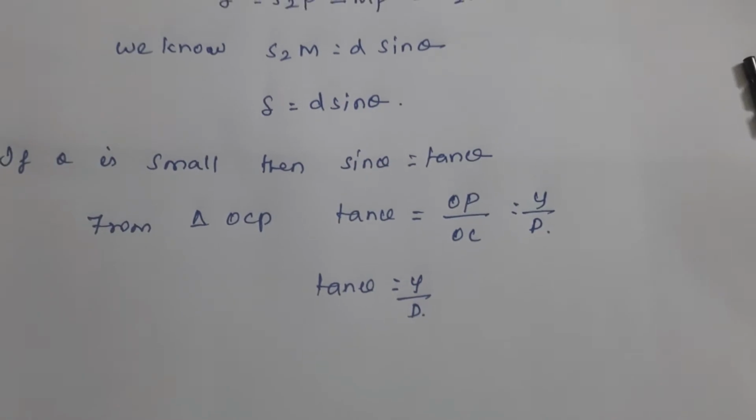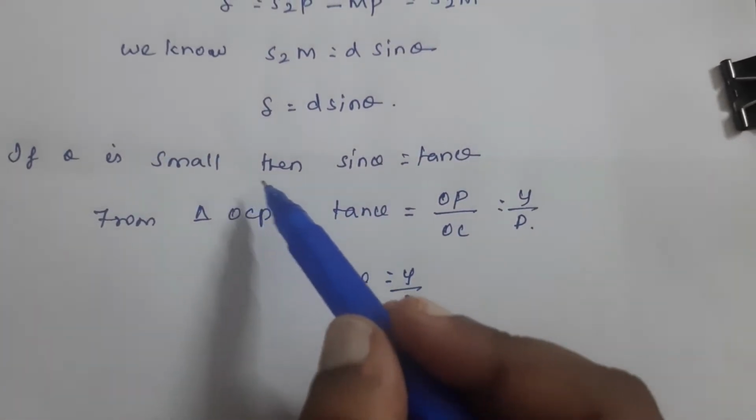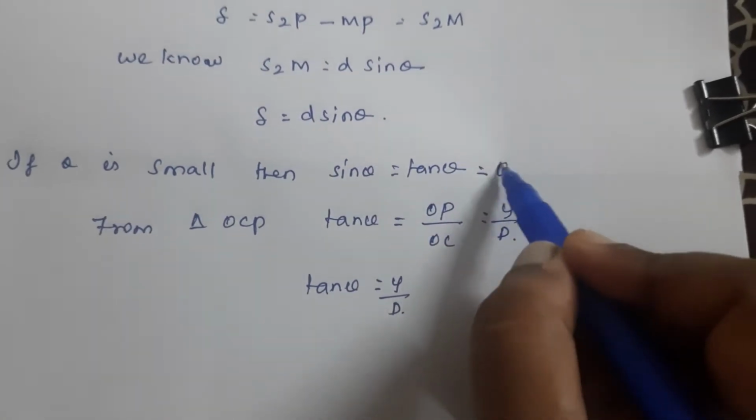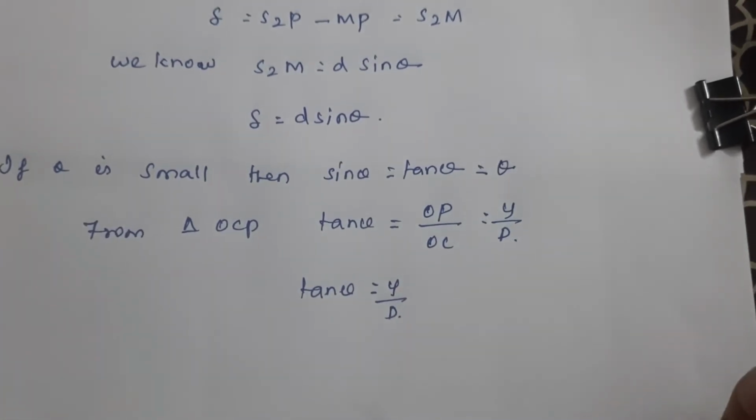Now I have taken theta as small and sin theta is equal to tan theta. I can take this as theta itself.